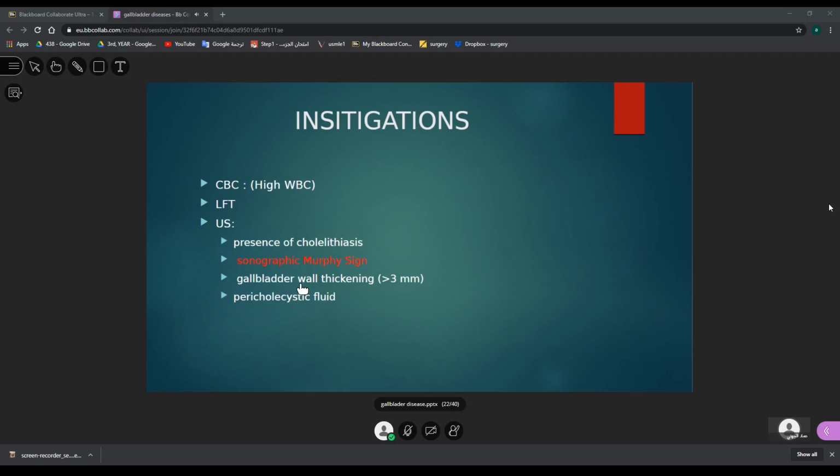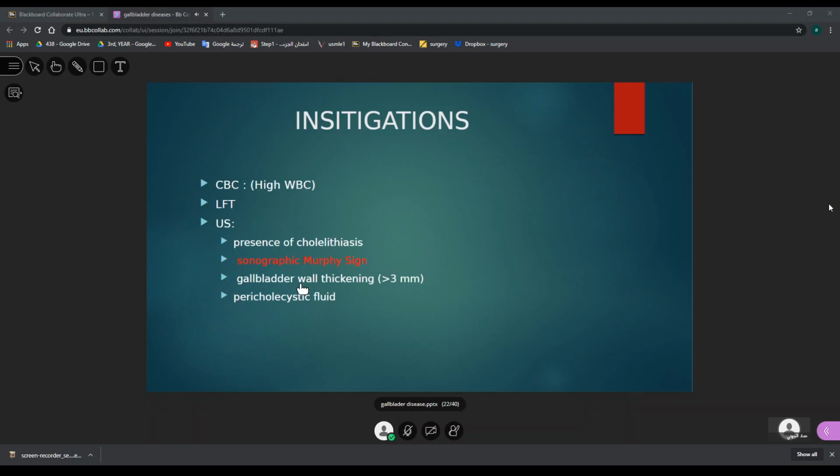Sometimes, of course, hepatorenal has nothing to do with what we are talking about, because hepatorenal is the angle between the kidney and the liver. It's not the gallbladder and the liver.